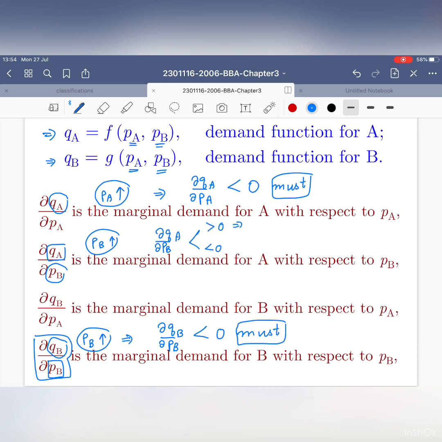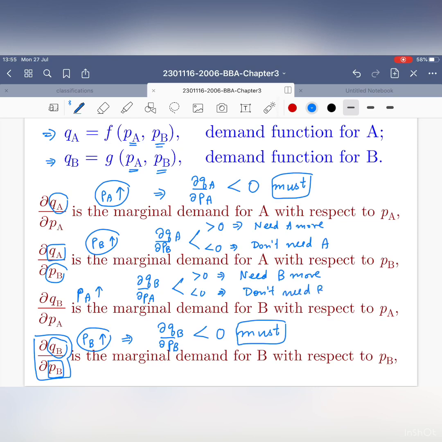If it is positive, then it means that people need A more, and if it is negative, people may not need A. And this one as well: if the price of product A is going up, your demand for product B can be either positive, which means that people will need B more, or negative, which means that people don't need B as well.